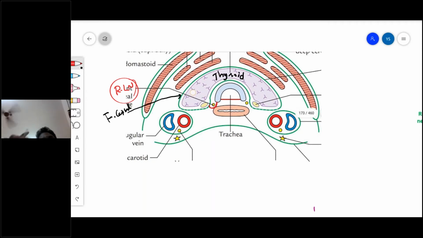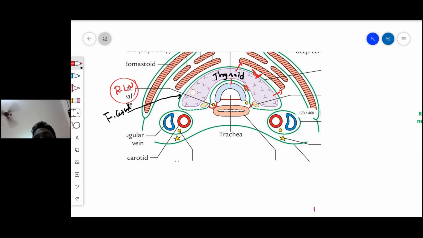So in this picture, first we identify the surfaces. With red color I am showing you the surfaces. So this one is the superficial or lateral surface, I put L. Towards the trachea, whatever you see, this one is M, the medial surface.